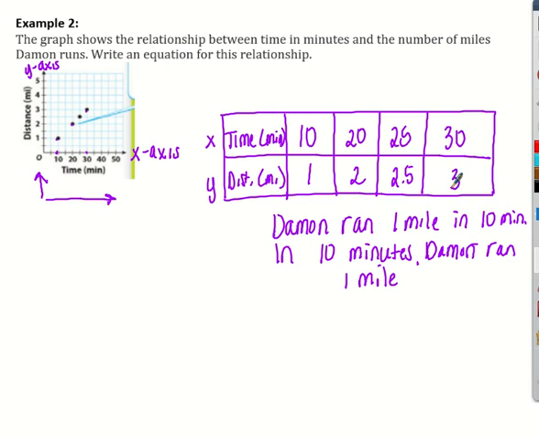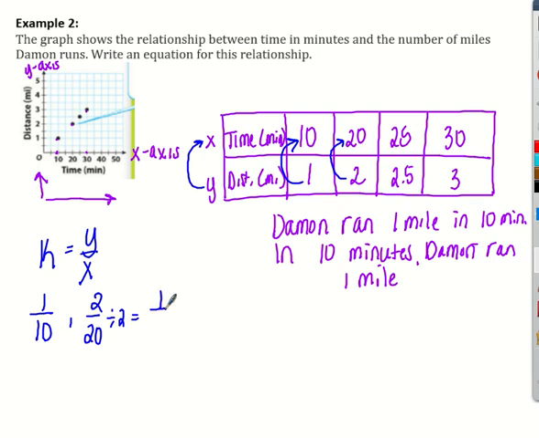So now watch, we want to double check what is happening here. So remember, my K is my y over x. So I take my y over x. My first one is 1/10. y over x. I get 2 over 20, which if I divide those by 2, I get 1/10.